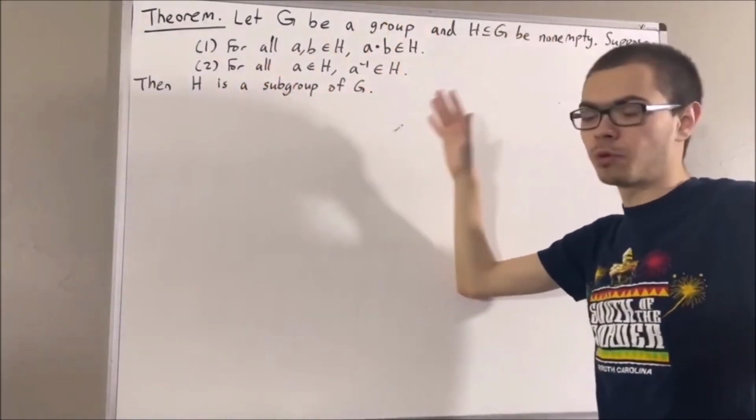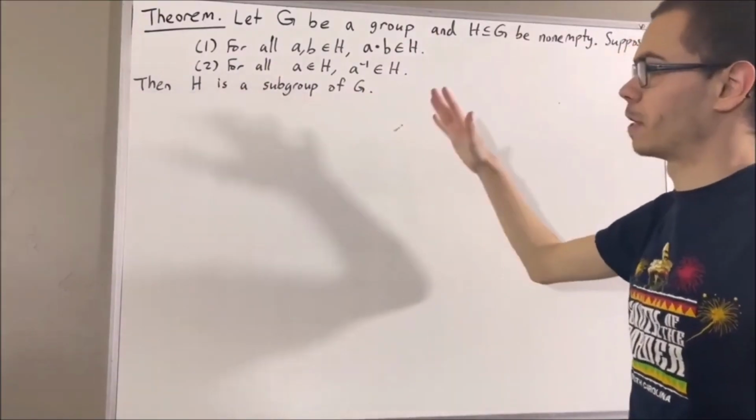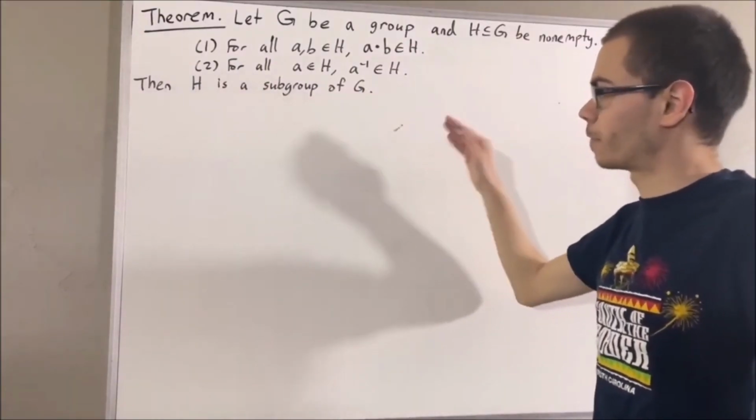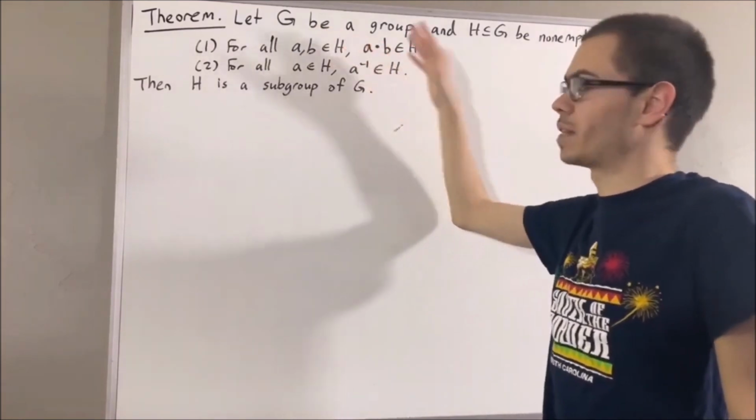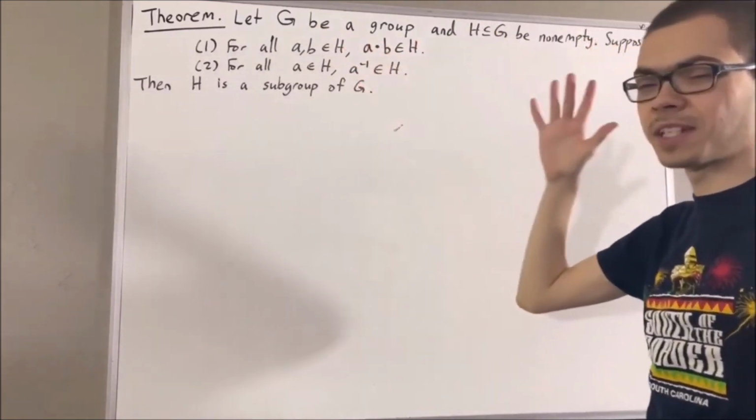Now, before we get into the proof, let's first remind ourselves of some things. First of all, what does it mean for G to be a group? It means that G is equipped with a binary operation and satisfies the following properties.